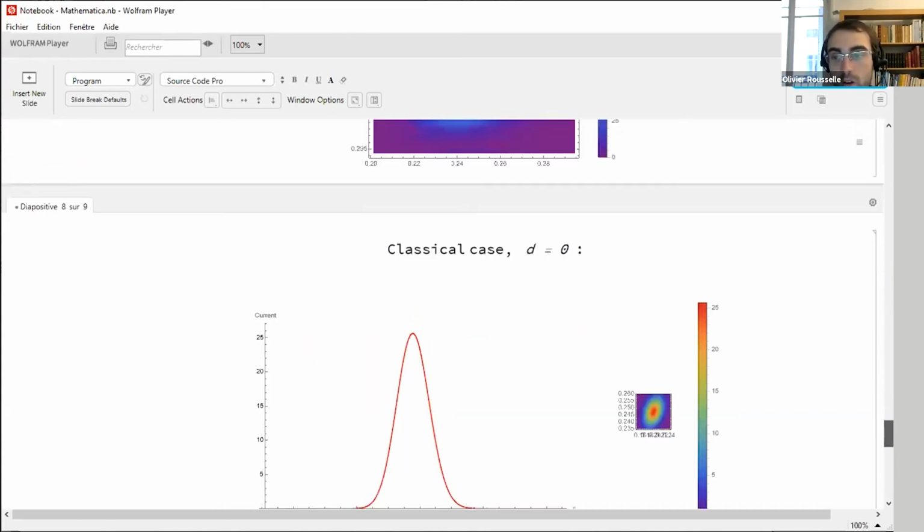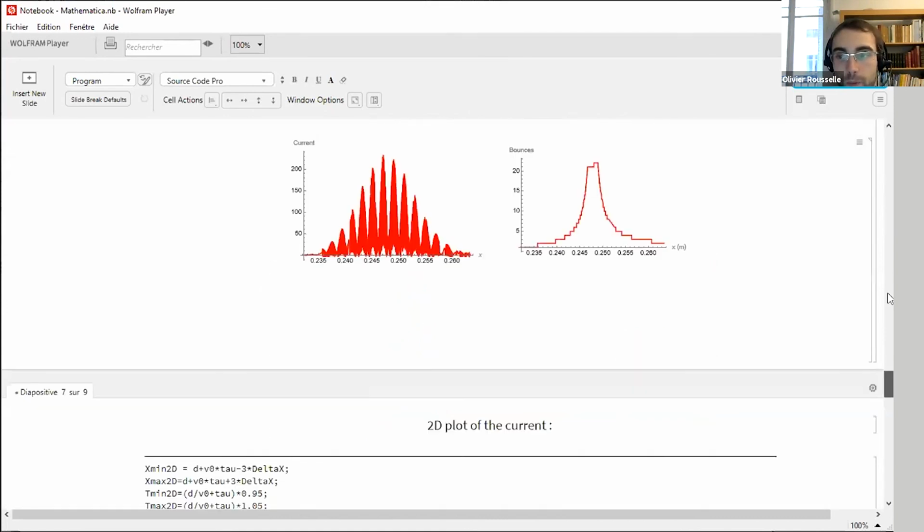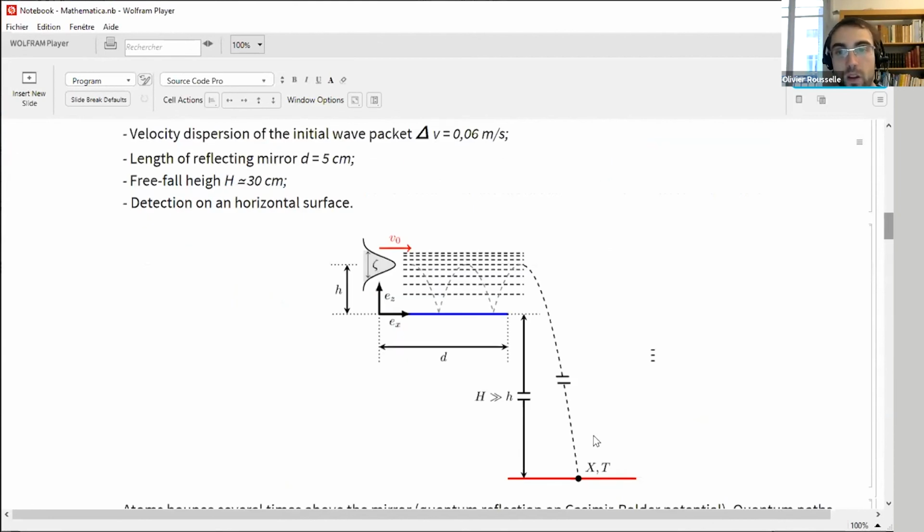And just to sum up what we simulated in such an experiment: if there is only the classical free fall, we get at the end a Gaussian figure on the detection plate for the current, for the 1000 antihydrogen atoms that we simulated.